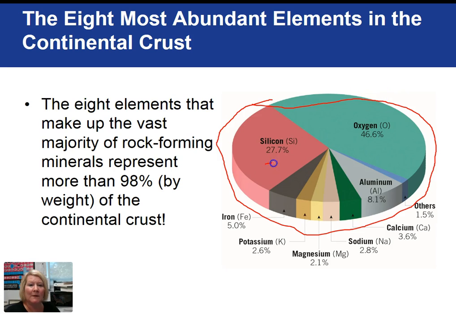And we can see that silicon and oxygen are the 2 most abundant. As a result, we have a lot of minerals with silicon and oxygen in them. The other major elements are potassium, magnesium, sodium, calcium, aluminum, and then some miscellaneous.